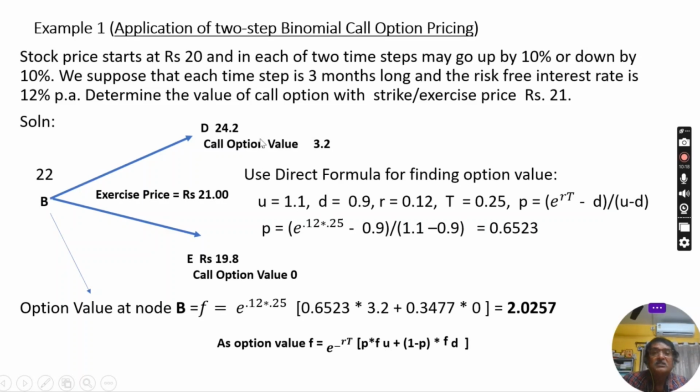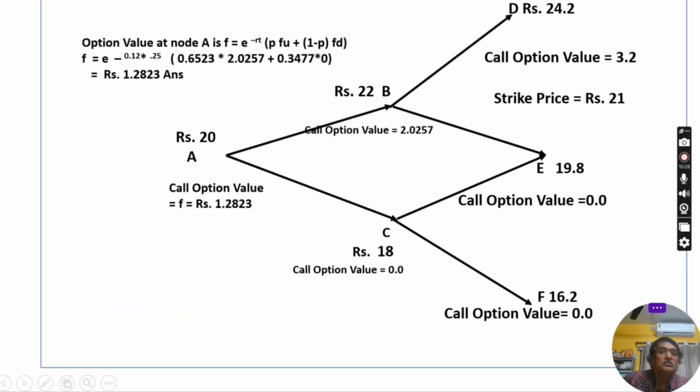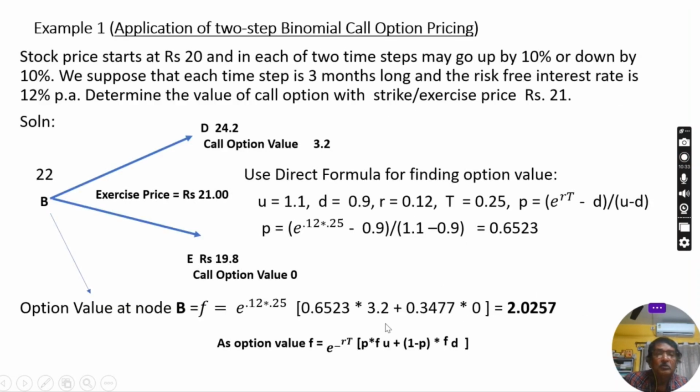AFU means the call option value at the upper price of this share, that's why AFU. And in this picture also it is shown that the call option value at the upper price is 3.2. So 3.2 plus 1 minus P, the formula is 1 minus P. 1 minus this, you will get this value.